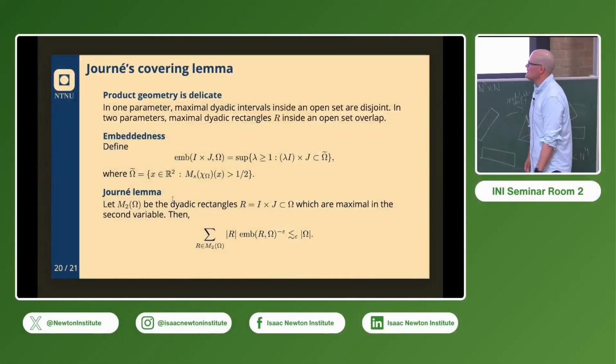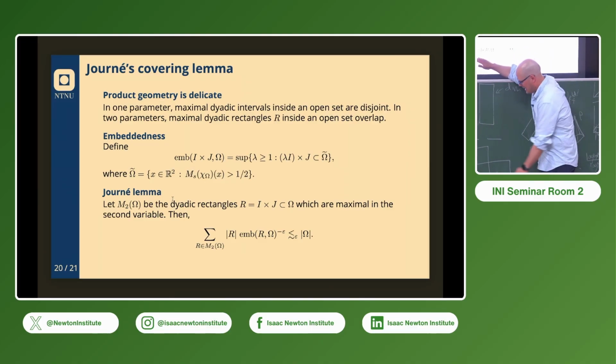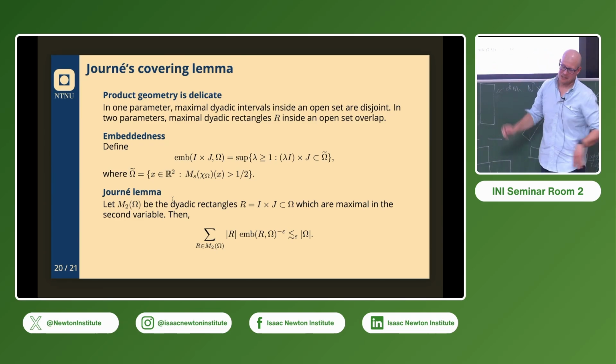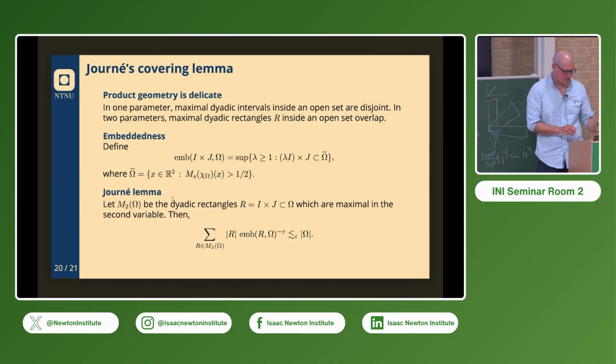One standard and very important tool due to Journé is the Journé lemma, which discusses how much maximal dyadic rectangles can intersect when you take an open set and consider all of them. Let me not go into that, but that's a key thing to use in these kinds of things.